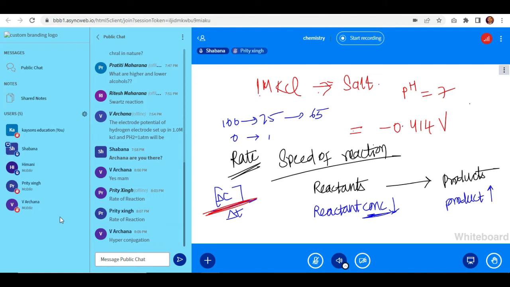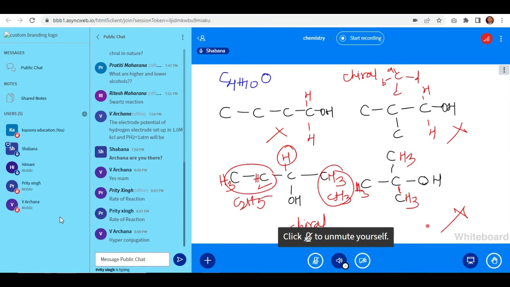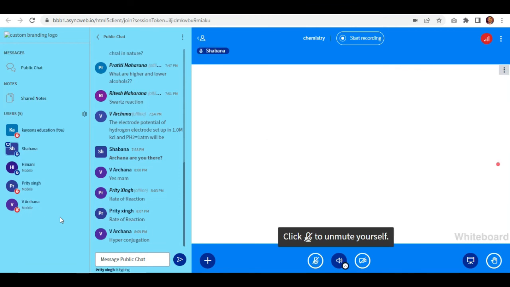Hyperconjugation, Archana. So hyperconjugation is nothing but this is due to the sigma bond, mainly due to CH or CC bond.